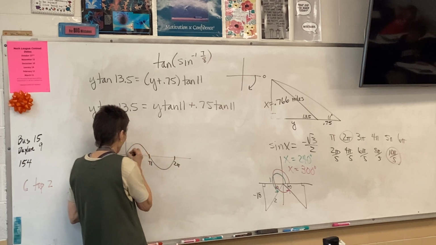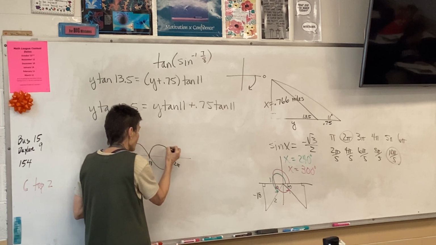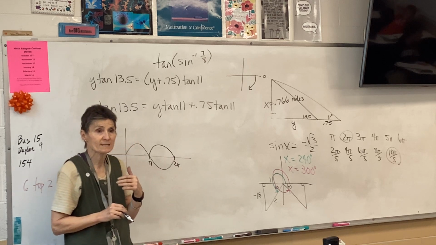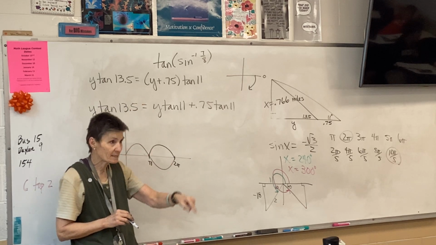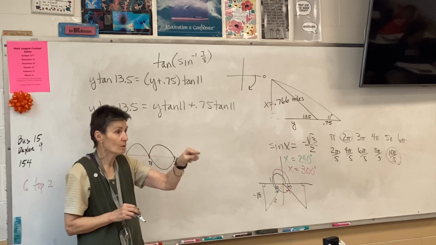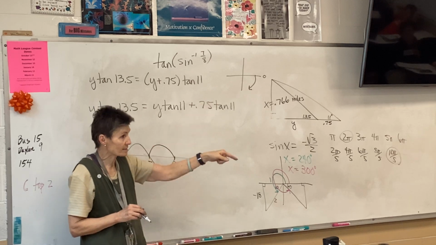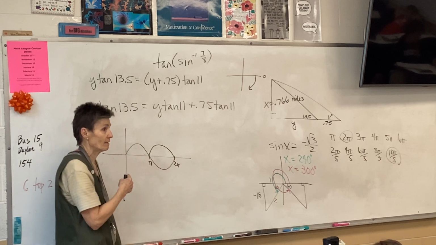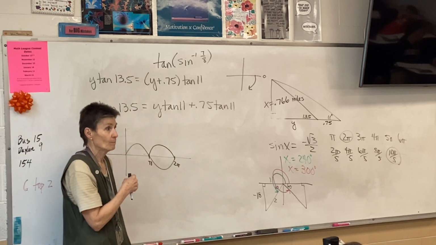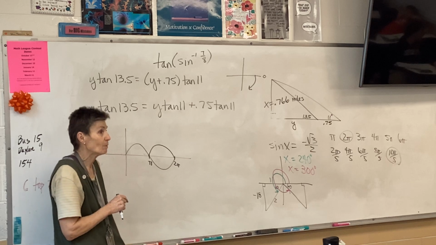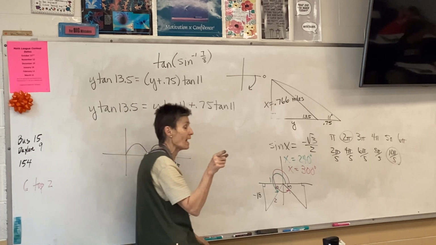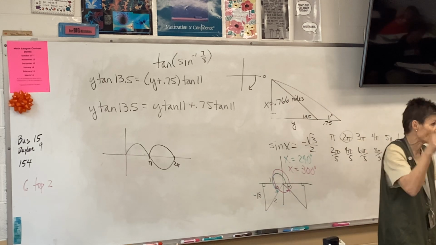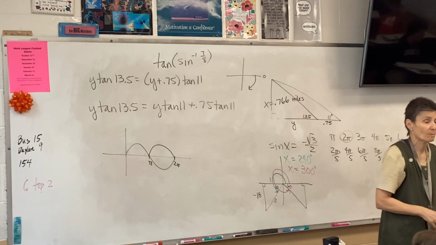Instead of going up and down, it only goes up, because it has to stay positive. So now the period is pi, because all I have is bumps. I don't have a hill and a valley, I just have hills. So the period would be pi.